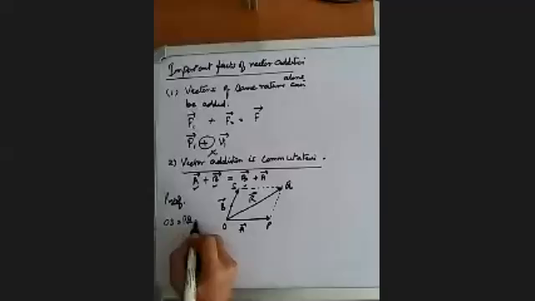Both these are equal to OQ vector. That means A vector plus B vector is equal to B vector plus A vector. So that is one fact of vector addition.